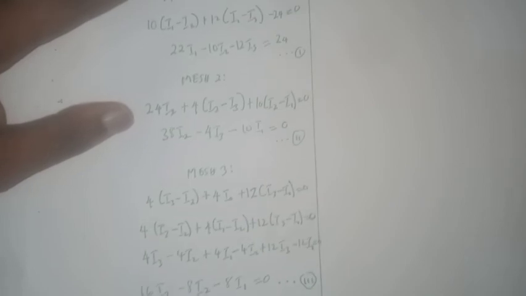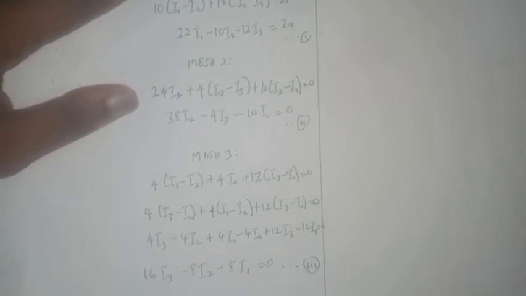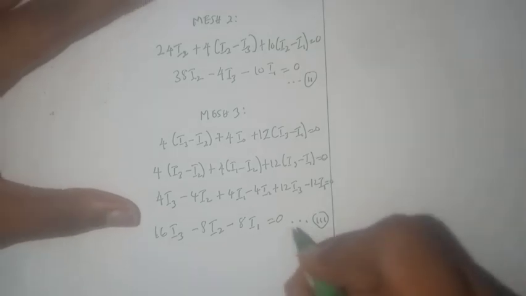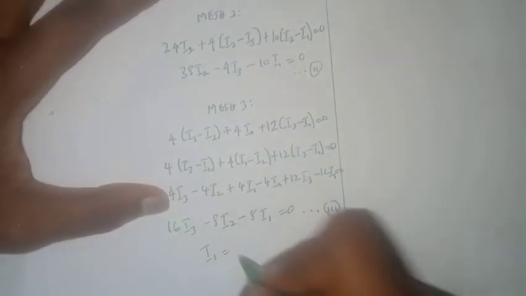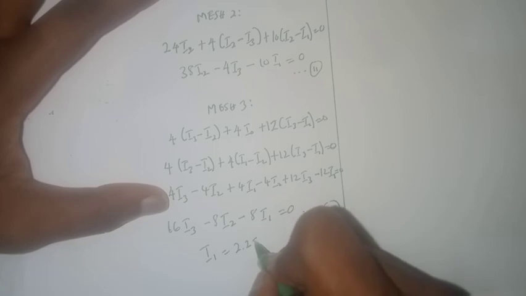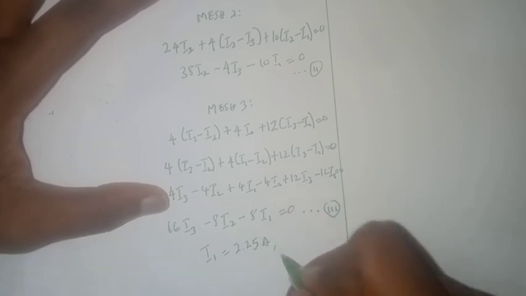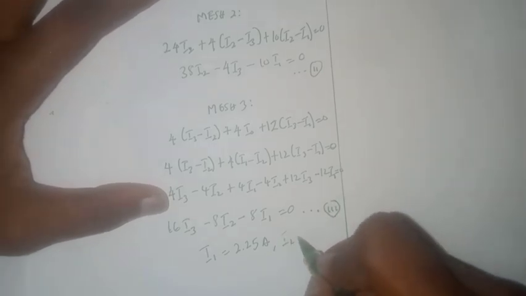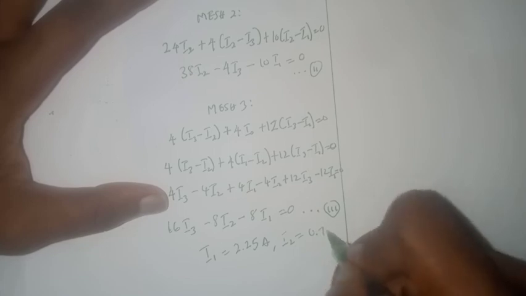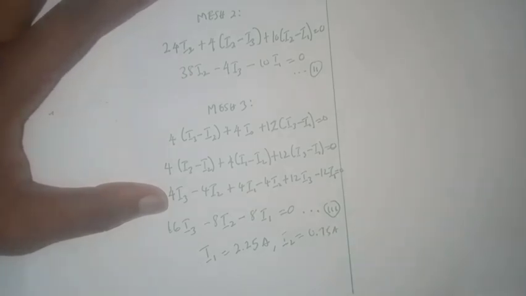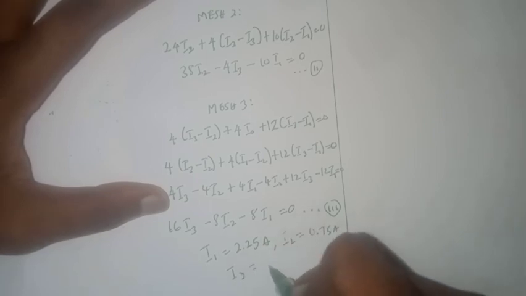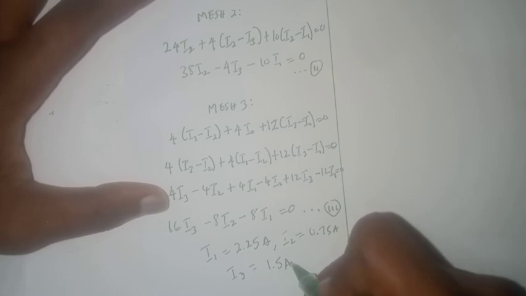We can then proceed to solving these equations simultaneously, and that will give us the values of I1, I2, and I3. With that, we arrive at the value of I1 to be 2.25 amperes, I2 equals 0.75 amperes, and I3 equals 1.5 amperes.